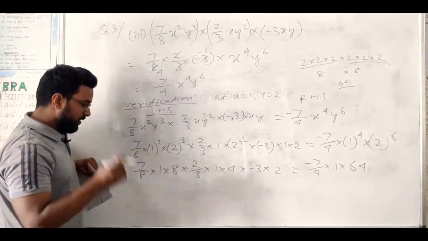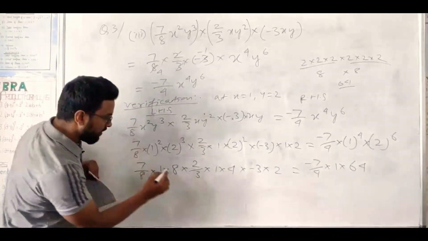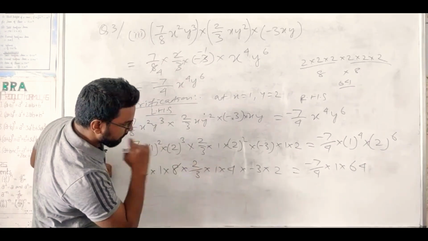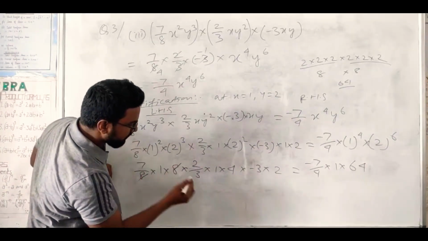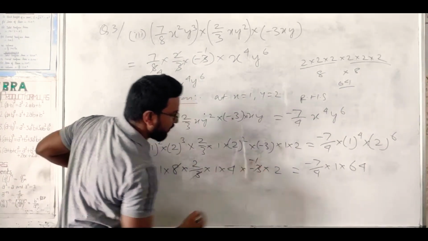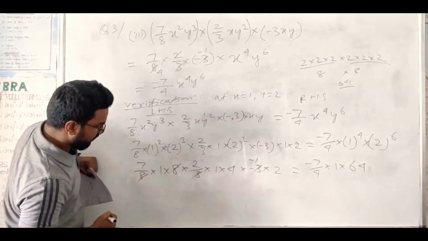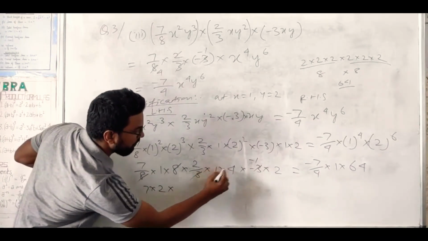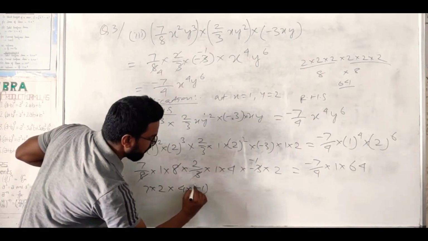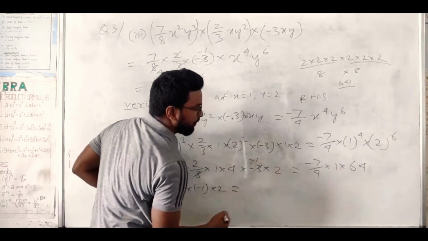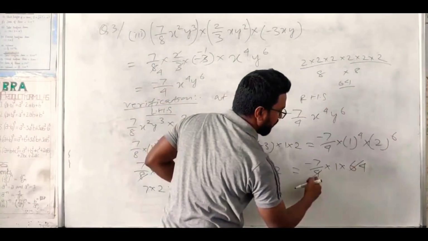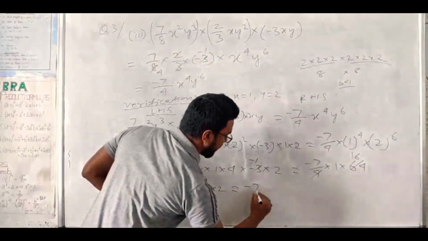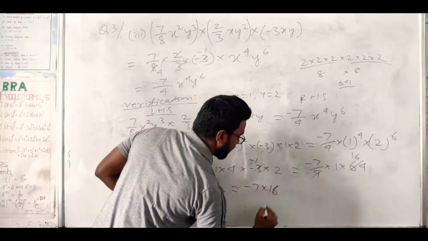Correct? Now we will see whether we can cancel any of these numbers. You can cancel 8, 8. Is there any more number? You can cancel this one and this one. This will become minus 1. So we will find what is in the numerator: 7 into 2 into 4 into minus 1 into 2. Here, can you cancel? You can cancel it. 4 16s are 64, right? So minus 7 into 16.